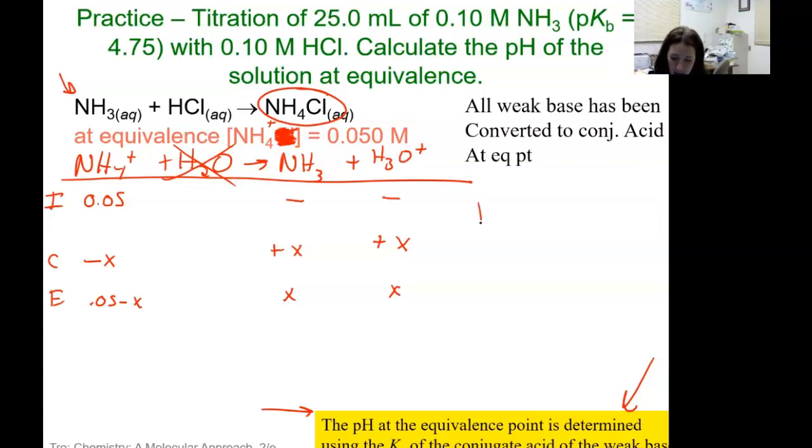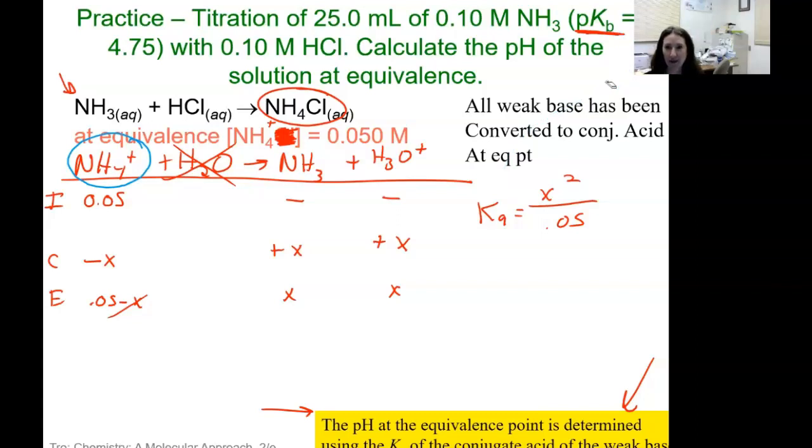This is an acid, so we need to have a Ka. Our Ka is going to end up being X squared over 0.05, because I'm going to assume my X is small. Problem here, this is a mistake, a very common mistake. We were given a pKb, but this is an acid. So I need to change my pKb into a Ka.